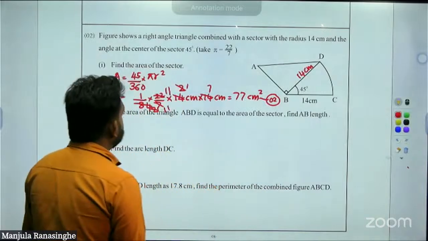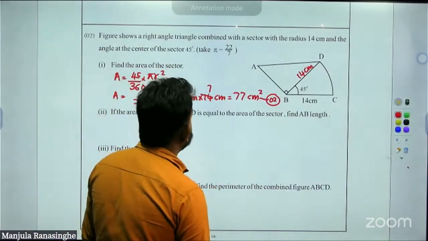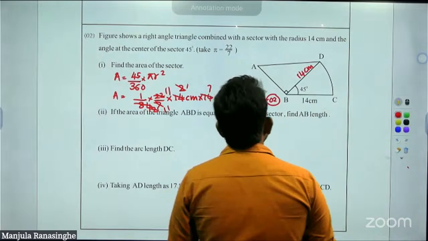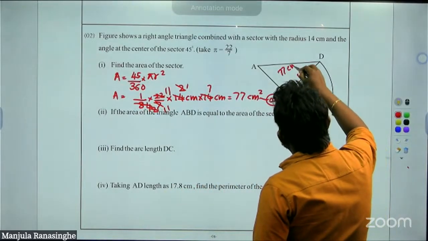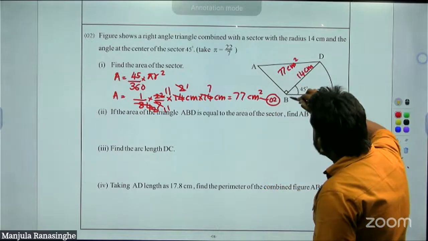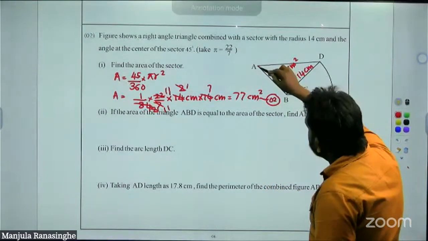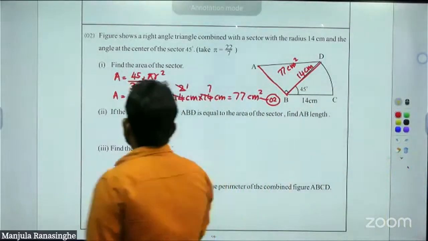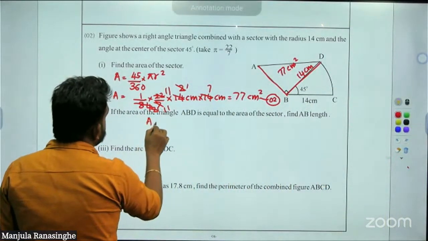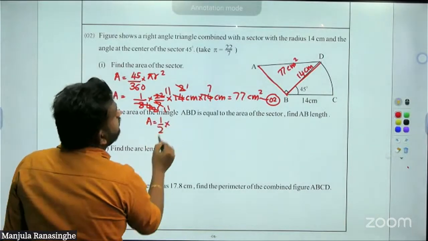If the area of the triangle ABD equals the area of the sector, find the AB length. Now the area of this triangle is also 77, they are saying. Now this is a right angle triangle. How to find the area? This comes as the base and the height. Then you can write area equals half into base into height. What base do you choose?